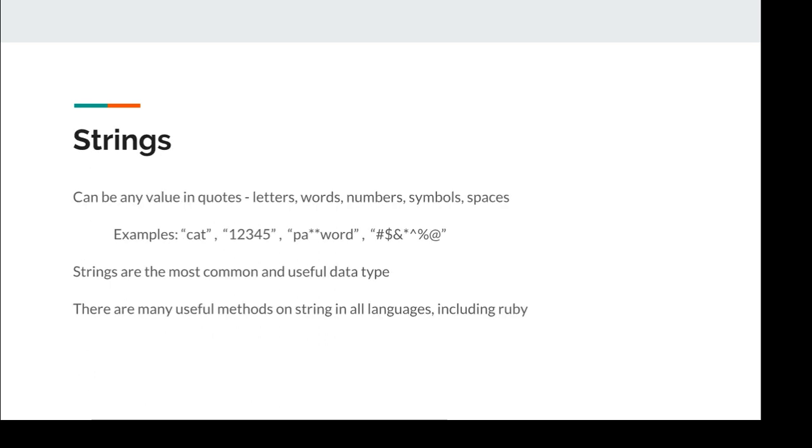Okay, so strings. Strings can be any value in quotes. So that's the way we tell Ruby or other languages that we have a string, is we put the thing in quotes. So we can put letters, words, numbers, symbols, spaces. It doesn't matter if it's in quotes, Ruby is going to interpret it as a string with the exception of interpolation, right?